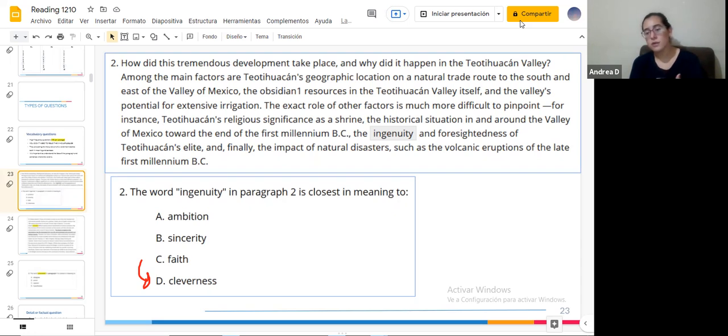Foresightedness also has to do with wisdom, but it's more like knowing what's going to happen and taking care of it. And ingenuity, I think, is more related to creativity. So they are around the same lines, they are similar, but they're not the same. That's why you don't really have a synonym. It's closest in meaning, right? So you're not exactly looking for a synonym. So just the closest one.